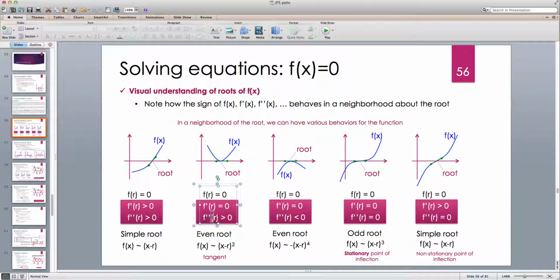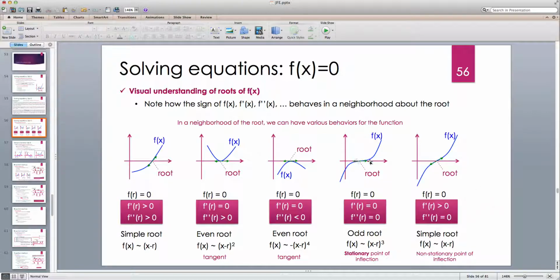So f double prime remains the same on both sides in a neighborhood around the root, and we call it an even root. So the function is tangent. And finally we said that the function could in fact be tangent, but the concavity can change, or f double prime changes sign, or f double prime is basically 0, which is called the stationary point of inflection.